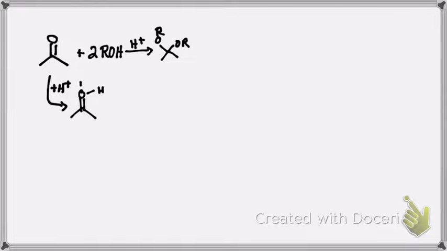I expect that you still draw these things out, but you know what that is, right? And then what happens? Nucleophilic attack. The first step is to make it so the nucleophile can attack. That's the rate determining step.